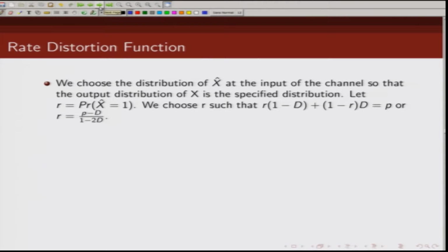Now, we choose a distribution of x hat at the input of this test channel such that the output distribution is the specified distribution. So, let r be equal to the probability of x hat being 1. We need to choose r such that r times 1 minus d plus 1 minus r times d is equal to p.